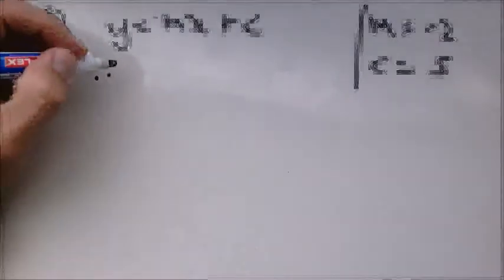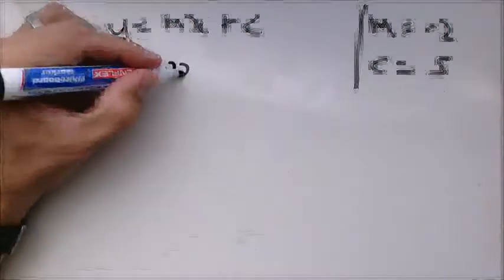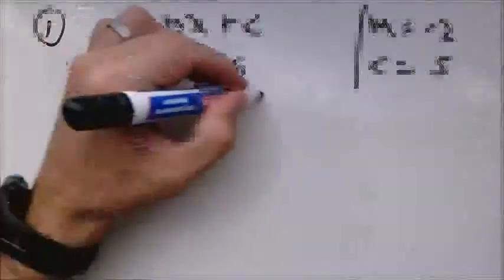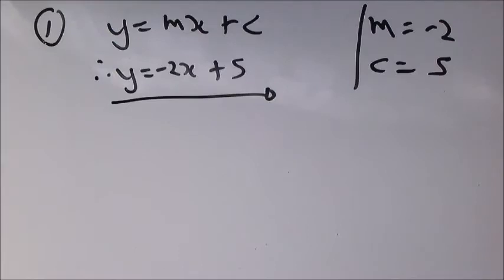So therefore y equals -2x plus 5. Like I say, I've started with a very easy one. So this is the first one. Similar to this one, let's say they say determine the equation of the straight line where the y-intercept is 3 and it's parallel to the x-axis.